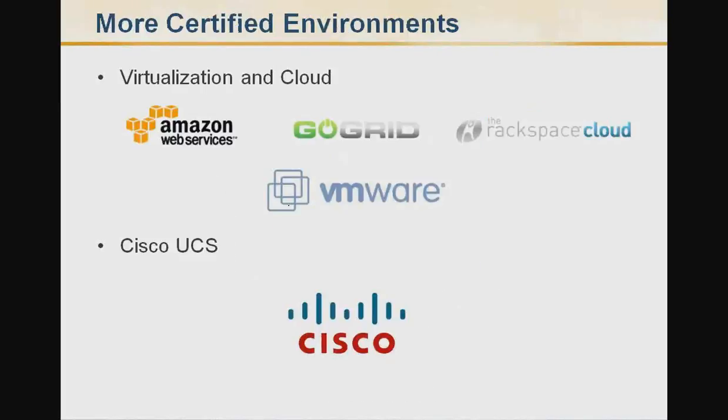All right, a few words on certified environments. So like I said before, we were mainly talking about cloud and virtualization environments. Over the past year or so, we've done some very extensive work with those environments. We're talking about our integration with Amazon EC2, the GoGrid Cloud, the Rackspace Cloud, and naturally VMware, the ability to run on VMware ESX servers, and to make sure the system is flawlessly behaving on those environments.